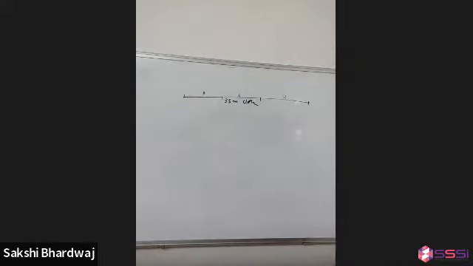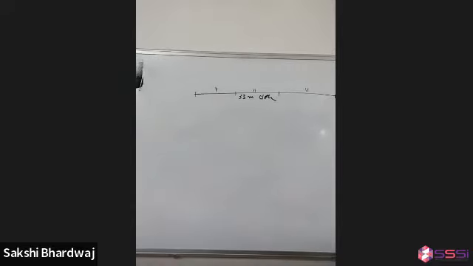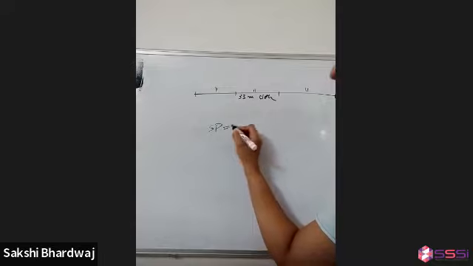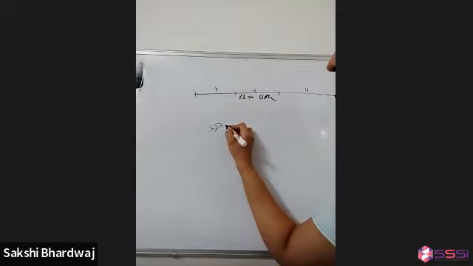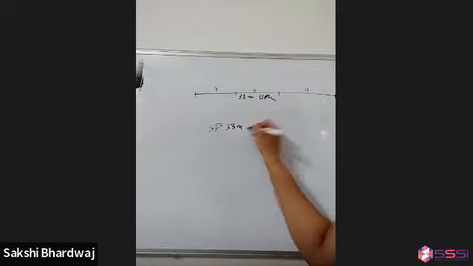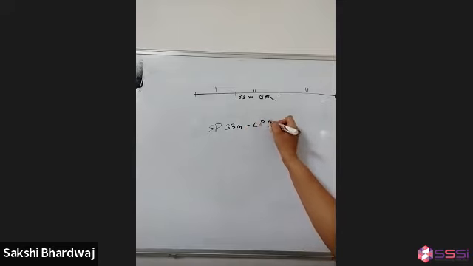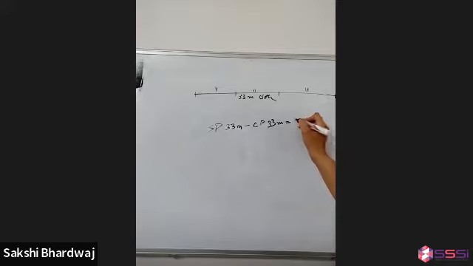Selling price of 33 meter, है ना? Minus cost price of 33 meter equals to gain of 11 meter. Yes. हाँ?